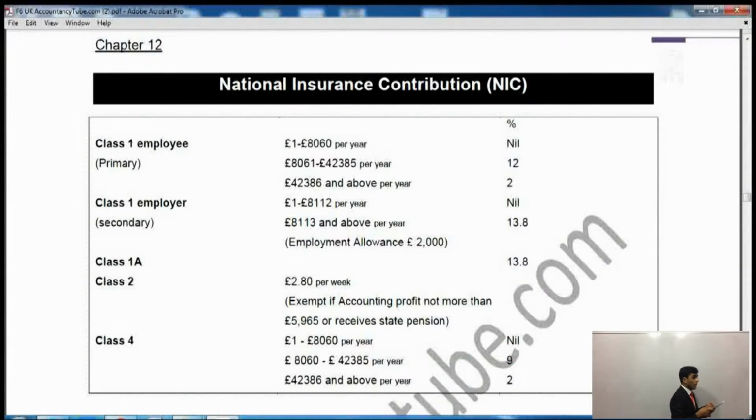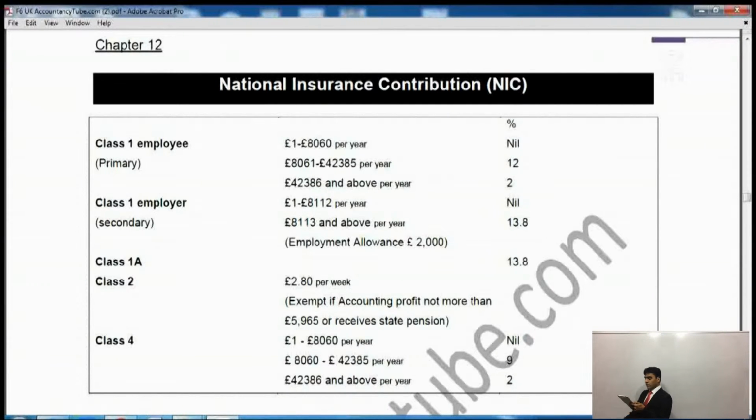Hang on, in fact it is, yeah, it is page 30, I think. Chapter 12, please. Chapter 12, National Insurance Contribution.